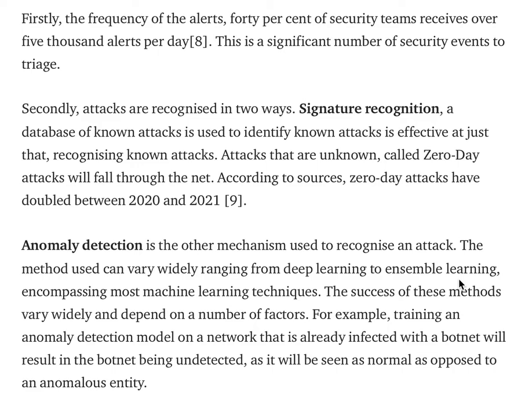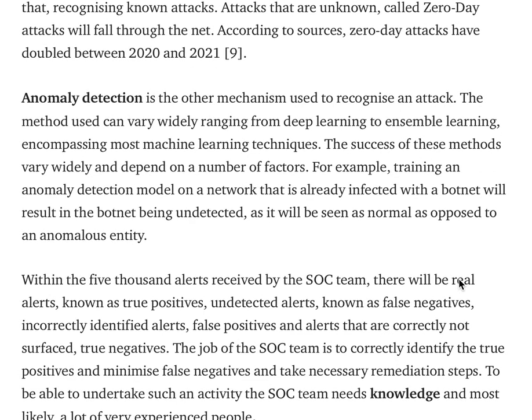Now, this is a lot of triaging that SOC teams will have to do. Also, from an anomaly detection perspective, we may have trained the models on top of an infrastructure which already has an attack underway as well. So there are a couple of issues with this, as you could see.